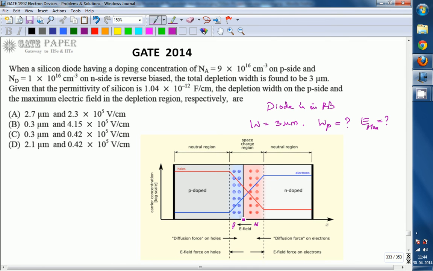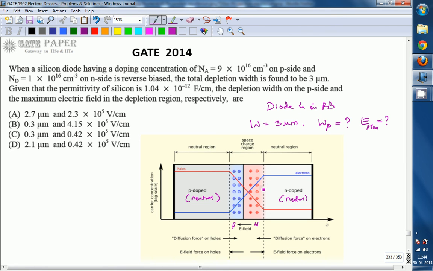Every semiconductor is electrically neutral, whether P type or N type. It is not neutral only within the depletion region, because the P side is negatively charged, the N side is positively charged, and the electric field always goes from N to P side.